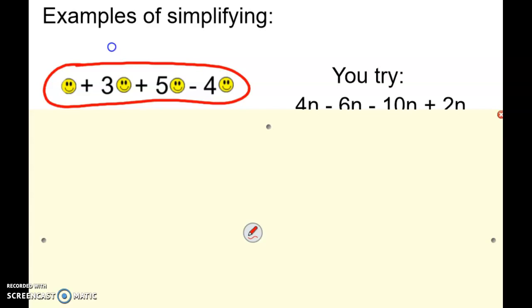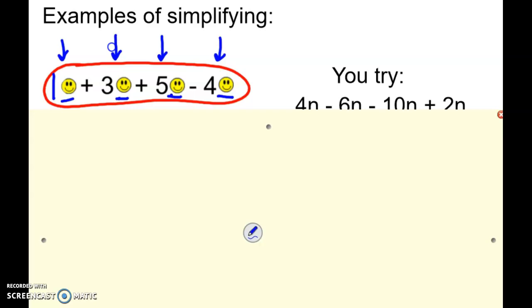Okay, this is an example of combining like terms. In this case, my like terms are the smiley faces. So they all have smiley faces. I have 1, 2, 3, 4 terms. They're all like terms because they all have the smiley face, so they match. So if I asked you to do this, you'd say, well, this is just 1 smiley face plus 3 smiley faces plus 5 more smiley faces.